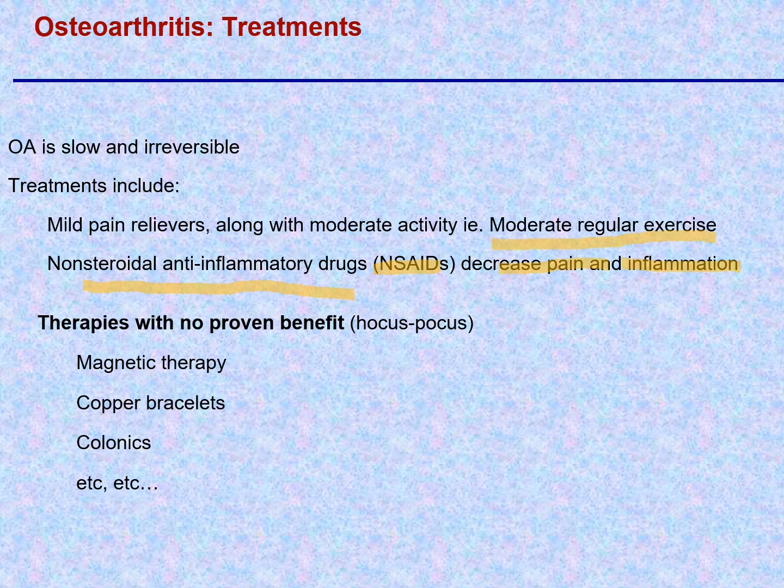you can have the joint replaced. If it's a knee or a hip or shoulder, the joint can be replaced, which is not a small surgery. Therapies that have absolutely nothing to provide, they are completely hocus pocus, include magnets, copper, colonics, that's an enema, glucosamine, there's one that's very popular and completely hopeless, although some people may claim it's not.